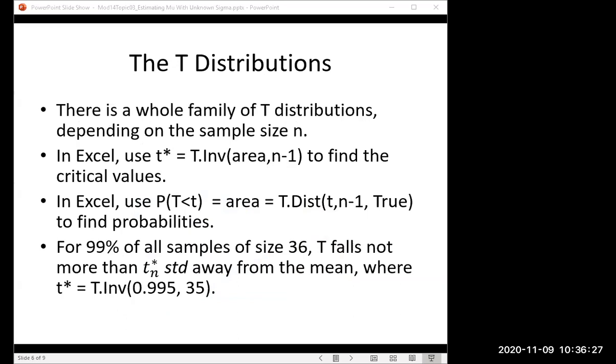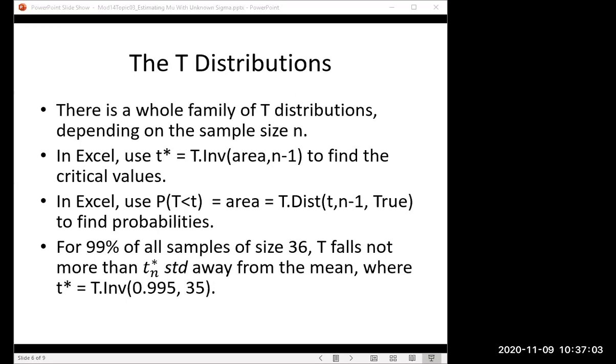So just as you use norm.inv to find the critical values of z, you can use t.inv in Excel to find the critical values of the t-score. So if we were interested in the margin of error, so 99% of all samples of size 36 fall not more than this number of STDs away from the mean.